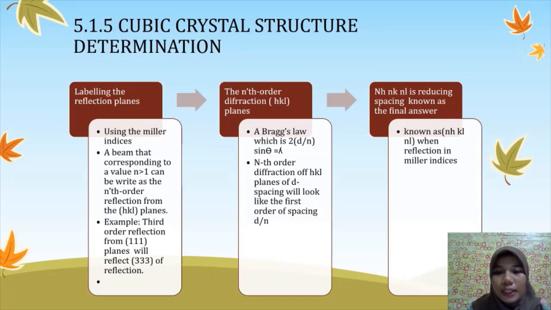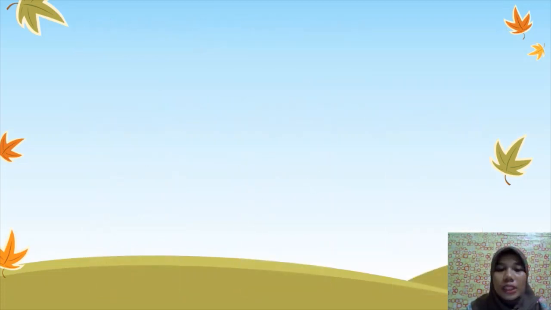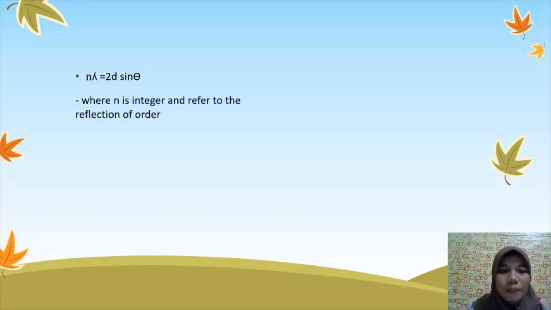The final answer is written as nh, nk, and nl, known as the reduced spacing, and this reflection we write similarly. For the general equation of Bragg's law, we know that n lambda equals 2d sin theta, where n is an integer and refers to the order of reflection.